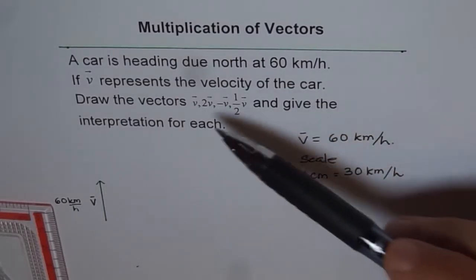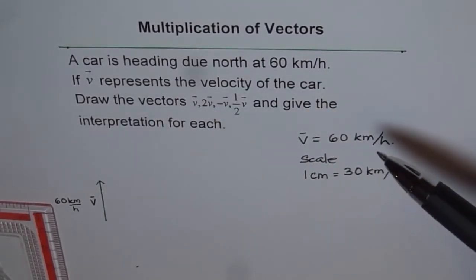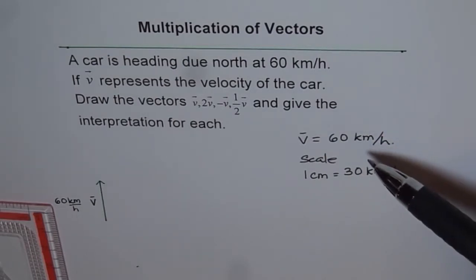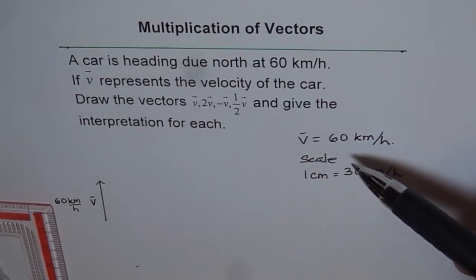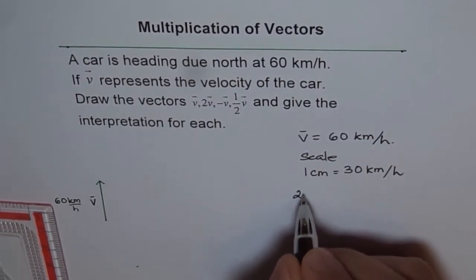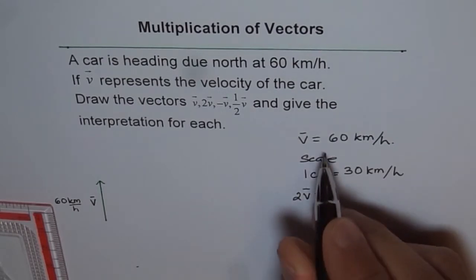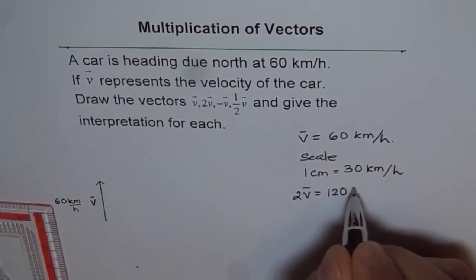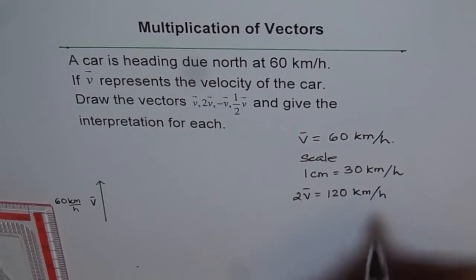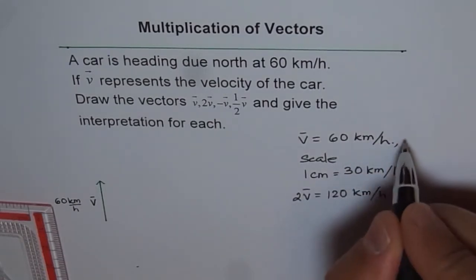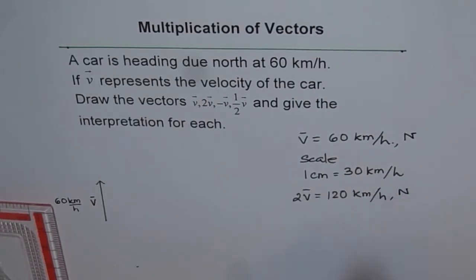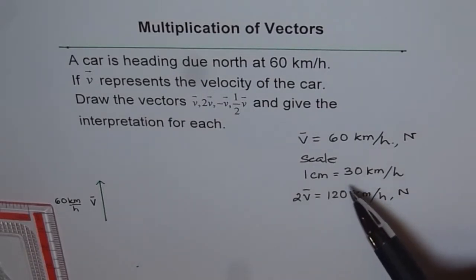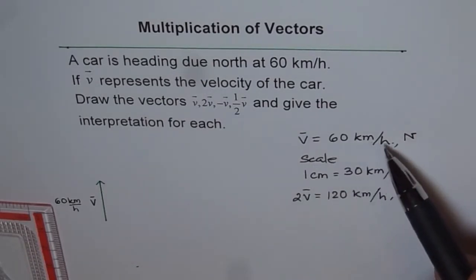2v means it's a vector which has the same direction as v, but the magnitude is twice. That means 2v we can say is equal to 60 times 2, that is 120 kilometers per hour, and the direction will be north, right? So let's draw this. So 2v is 120 kilometers an hour.